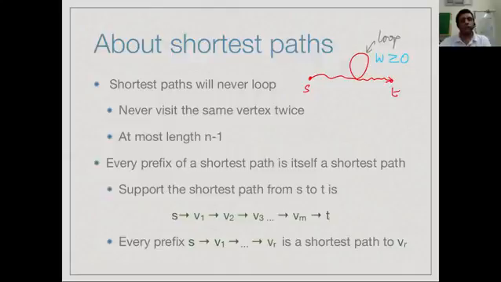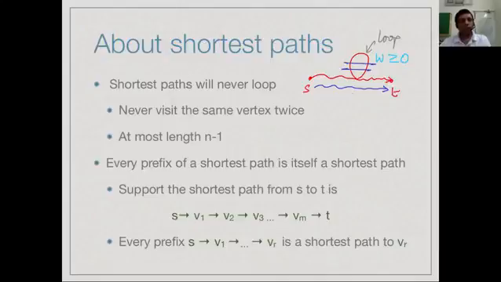So therefore, if I take this path and I just cut out this loop, then I have a direct path from S to T. And if I look at the cost of the direct path from S to T, it cannot be any bigger than this one, because at best this loop has 0 and I have decreased nothing, but in the general case, the loop has some positive cost and I have actually reduced the cost.